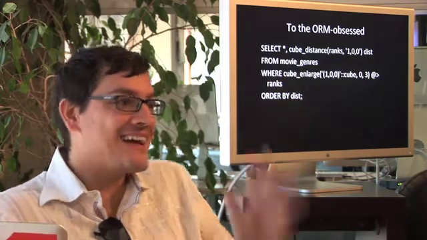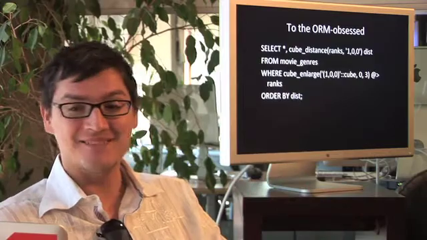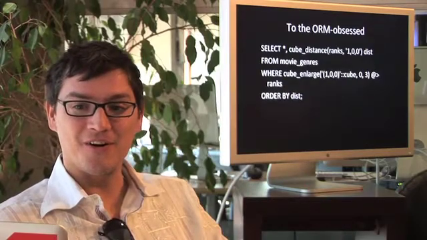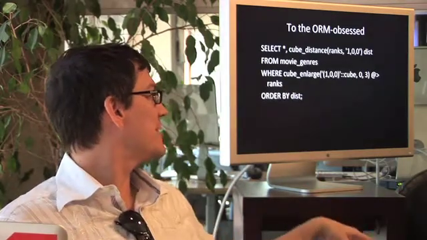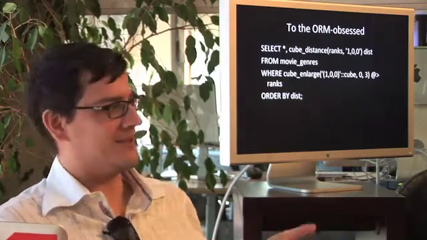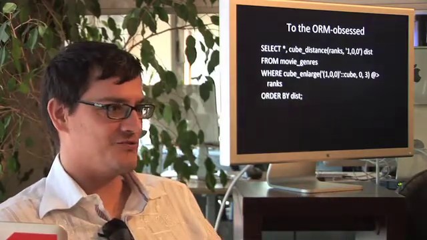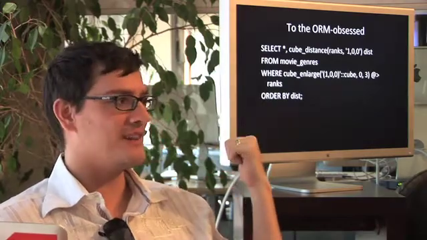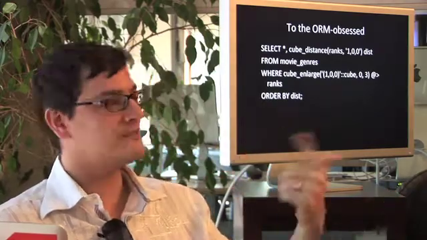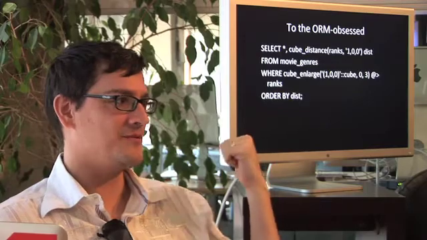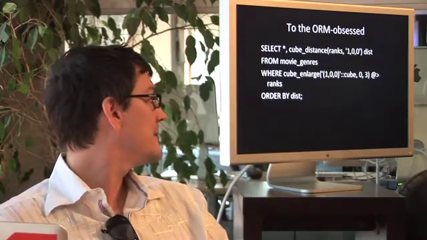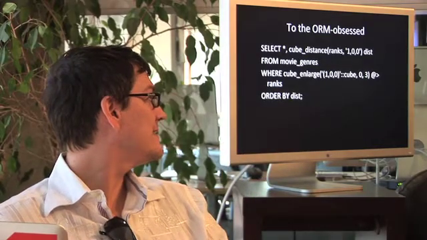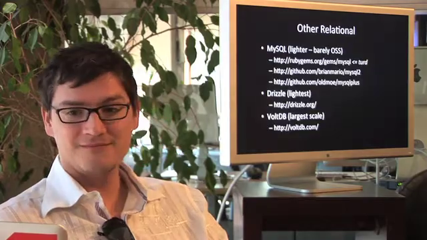Krull popped up, and I'm like, hooray, it works, because I just learned something that I absolutely didn't know at all. But the reason I say to the ORM obsessed is don't be afraid of SQL. Don't try to shoehorn AREL or anything like that, because honestly, it wouldn't make a query like this any clearer, and it certainly wouldn't make it any more portable, because this only works on Postgres anyway. So that's the end of that little rant.